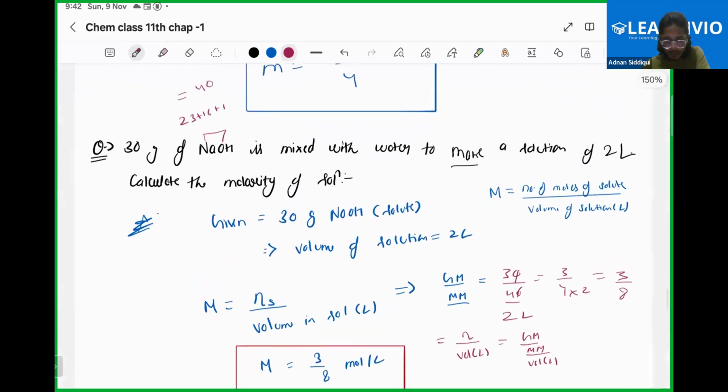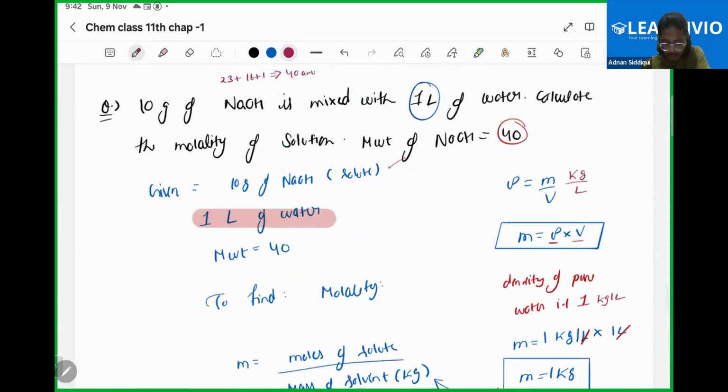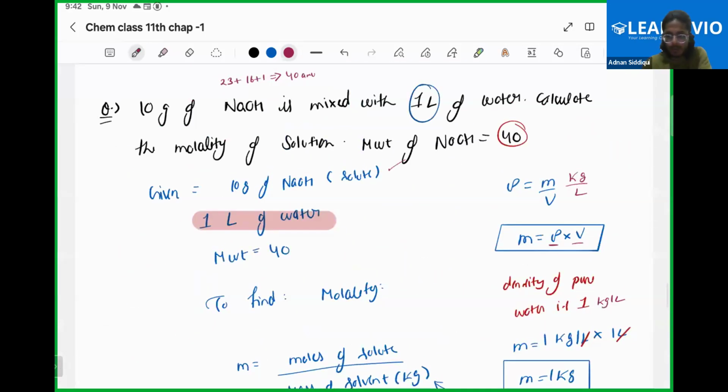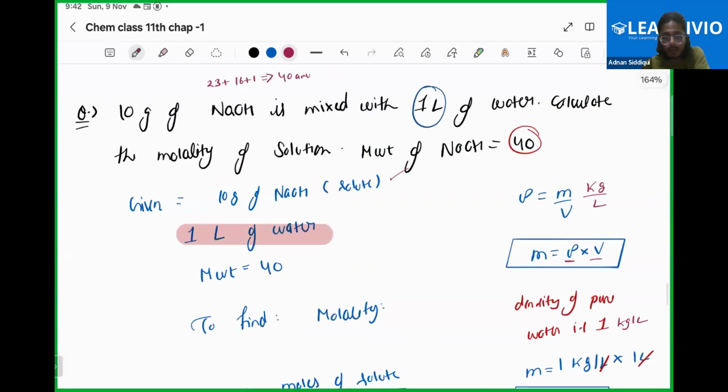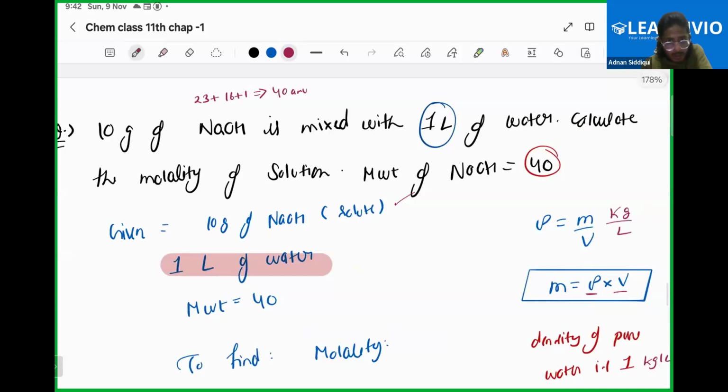Okay, good. Now, if this is clear, then here I am doing this because it will take time if you do it on your own. Everything is the same. The only thing you need to understand is this: it is asking in terms of molality.